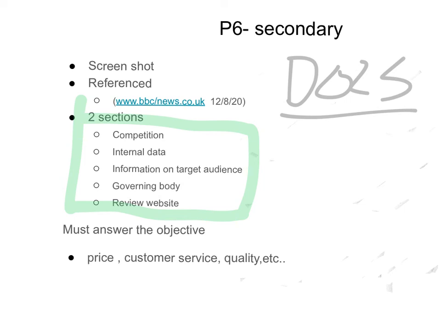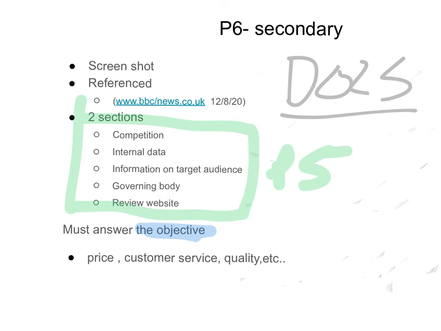So you don't have to stick to the sections that you mentioned in P5. You can jump about and choose any. Remember to stick to your objective. That's important. If the data doesn't help you to achieve your objective, then it is not of any use. If it's not relevant to your target audience, if it's not about competition, if it's not to do with the industry, then don't use it.